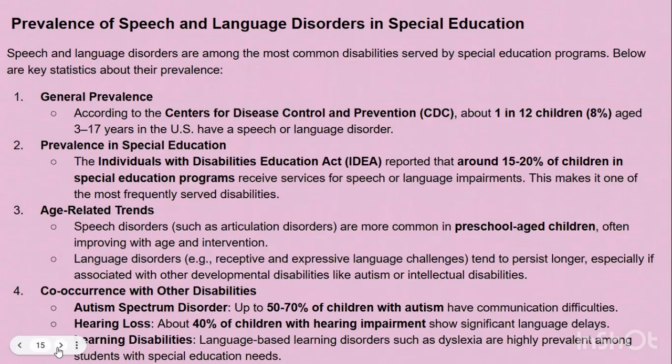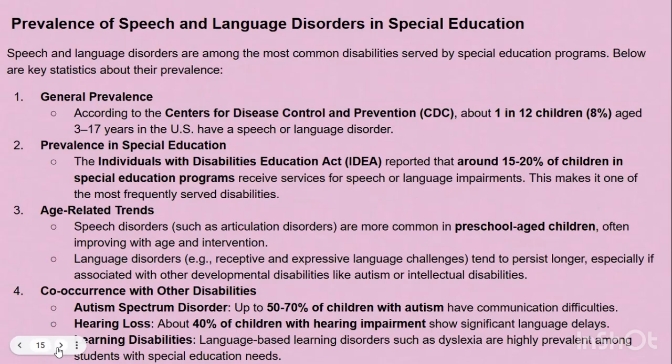All right, thank you so much, Mr. May, and my previous presenter, Anthony Williams. As mentioned before, my name is Corny Clark, and I'm looking at the prevalence of speech and language disorder in special education. Speech and language disorders are among the most common disabilities served by special education programs.